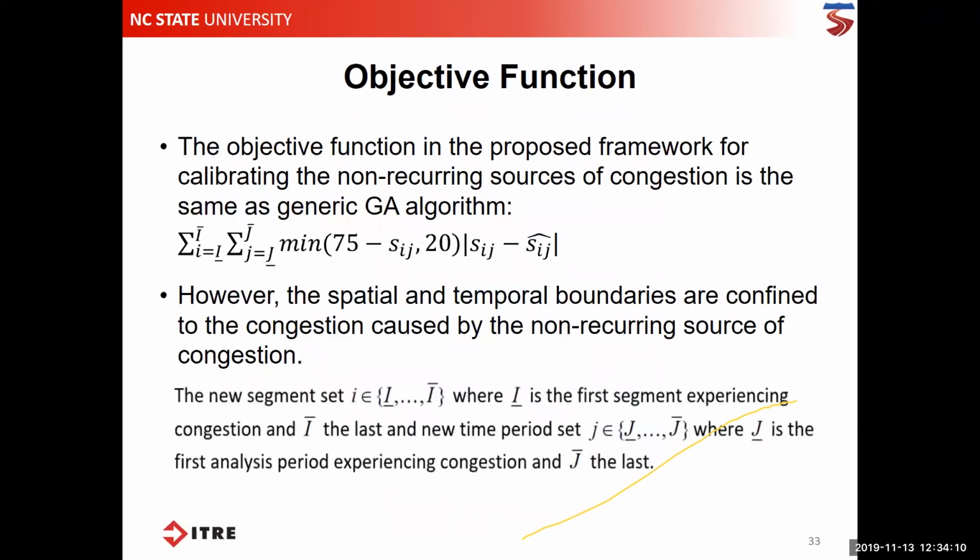So by considering these changes in our revised GA, which we implemented, we took the objective function and limited its spatial and temporal domain to only confine the congestion that is created by our incident, and we can specify those based on different days that we have data for.